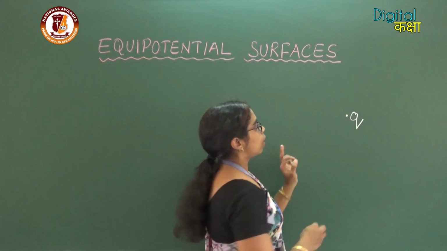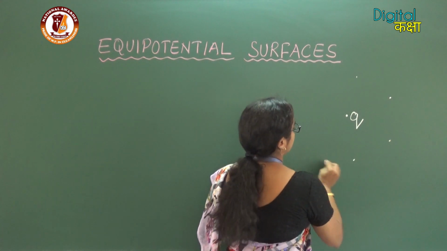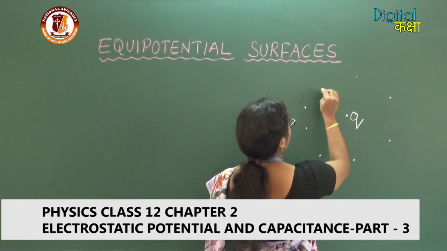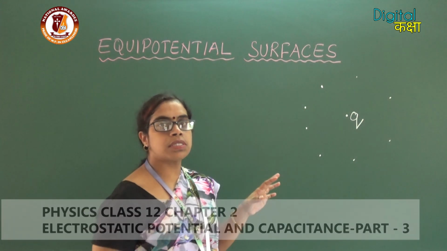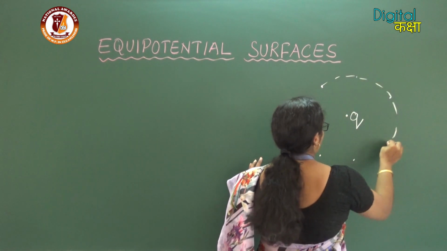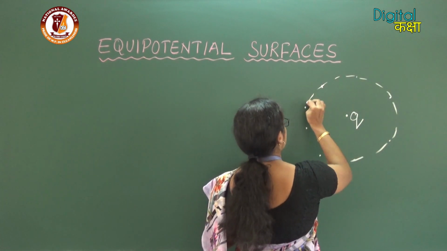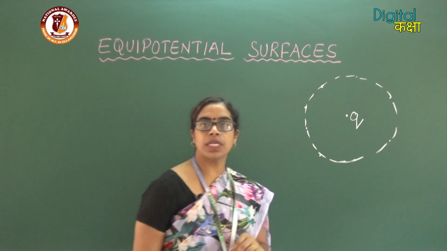According to that formula, if I mark many points at the same distance r around this charge, then at all of these points I'll get the same value of the potential.